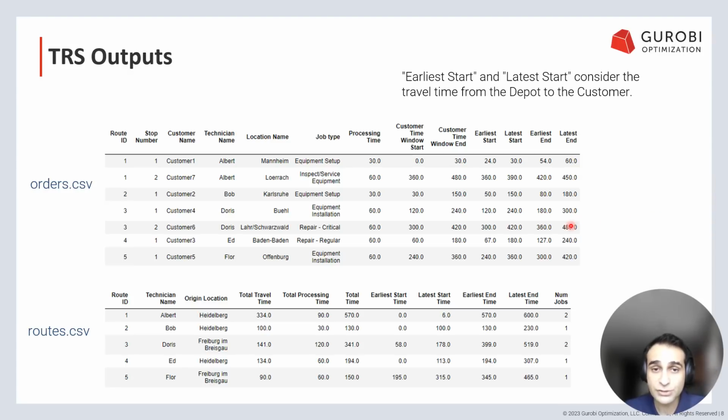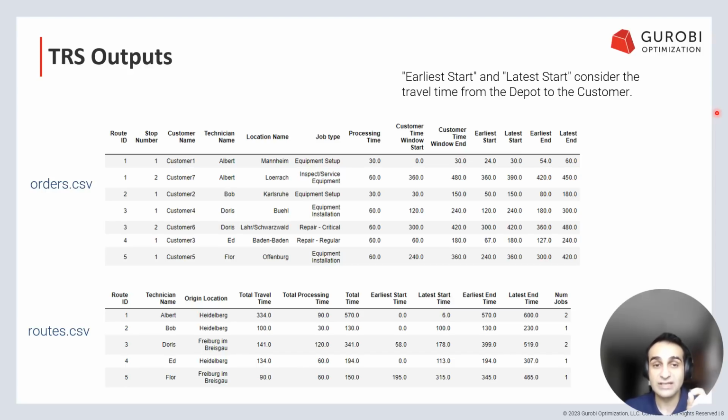Now, considering how long the job itself takes, which we see here is 30 in the processing time column, the earliest end time for Bob is 50 plus 30, which is 80. And we are seeing it here as well. Similarly, since the customer gave us a 120-minute window, because it says I'm available between 30 and 150, it's a total of 120 minutes time window.